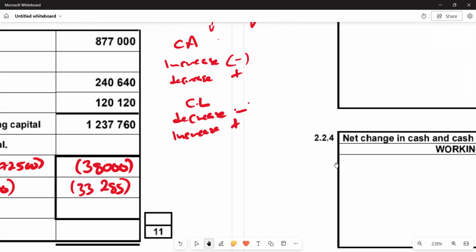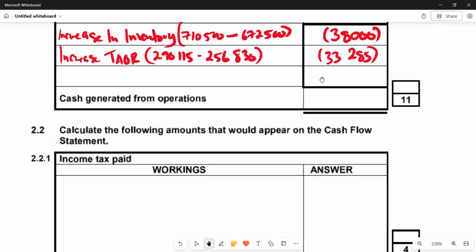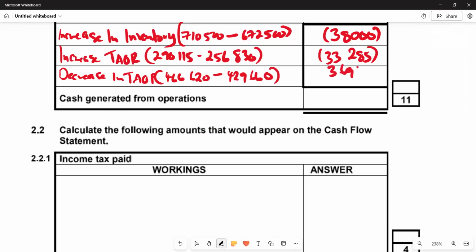We can show here by saying decrease in trade and other payables. And on the working part now, we say 466,620, we subtract 429,660, and then we are seeing a decrease of 36,960.